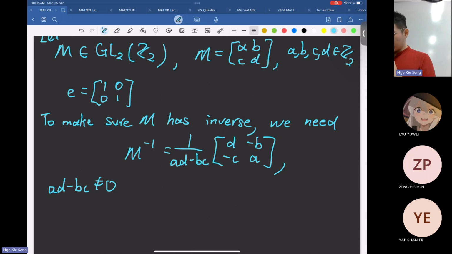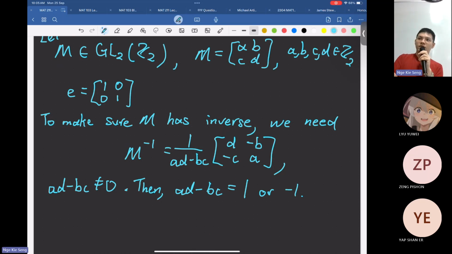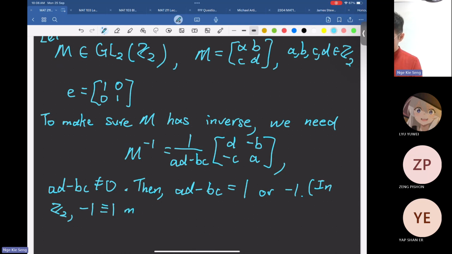So if it is not 0, then AD minus BC must be 1, or negative 1. But negative 1 in Z2 is still 1. In Z2, minus 1 is the same as 1. So really we just have 1.